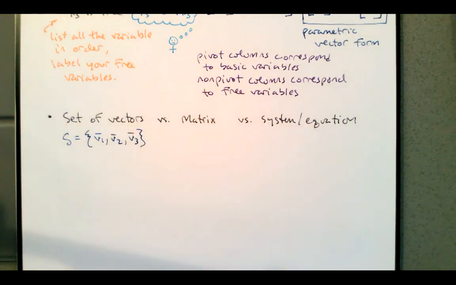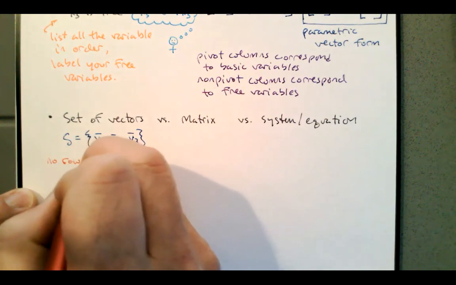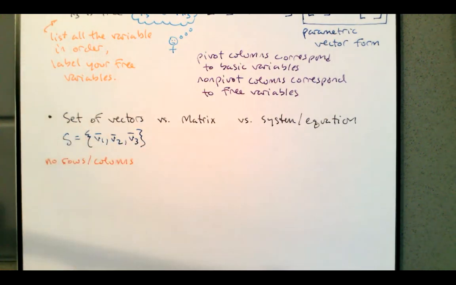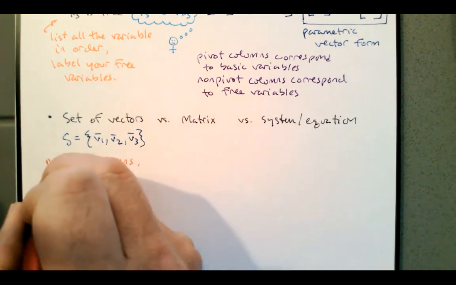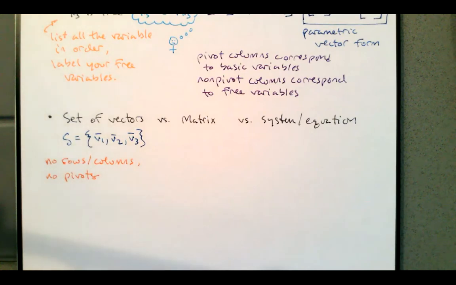A set of vectors is just a collection of vectors. It doesn't have rows and columns. It just has vectors. Since there are no rows and columns, there are no pivots. No variables, no solutions.